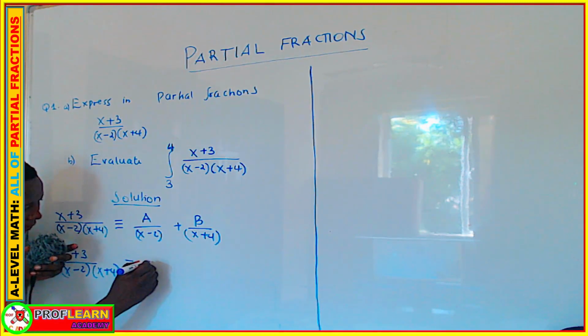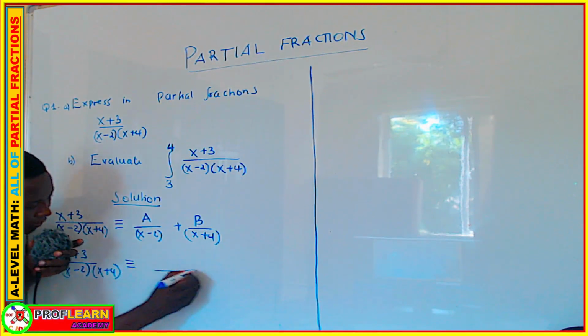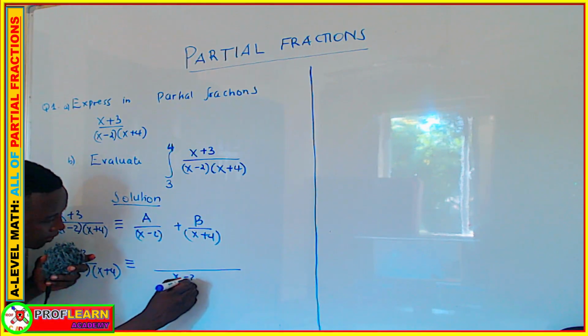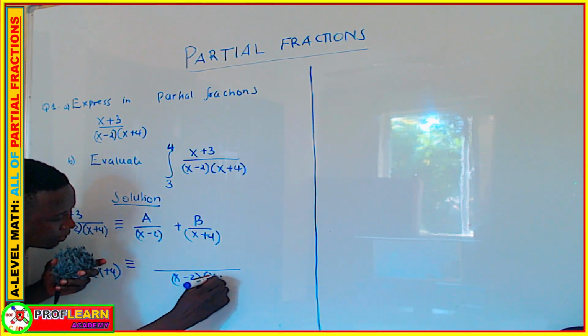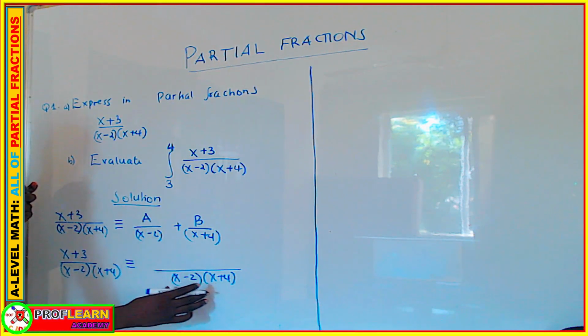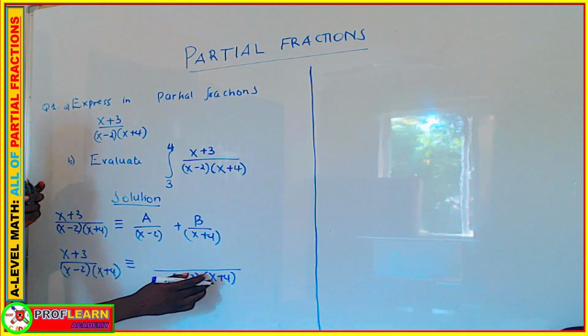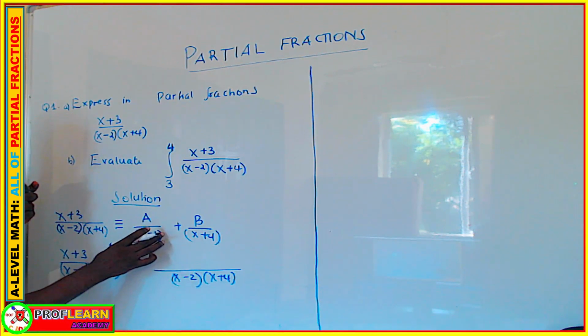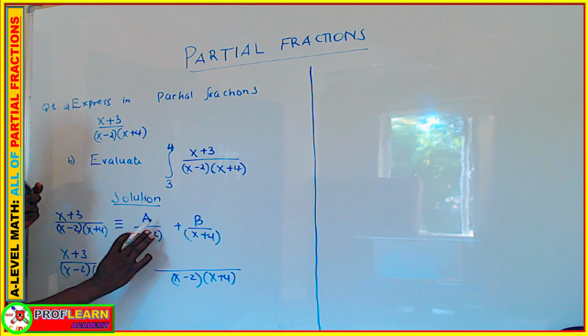So if we're expressing it as a common denominator, it is going to be (x minus 2)(x plus 4), which means that if the LCM is (x minus 2)(x plus 4), then what would you need to multiply by this term here? What do you need to multiply by this term?